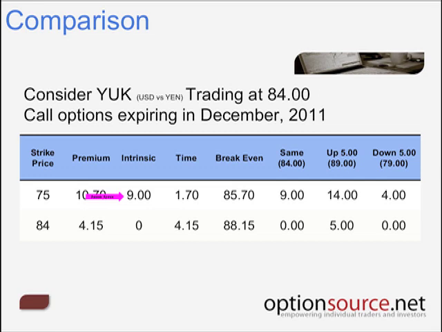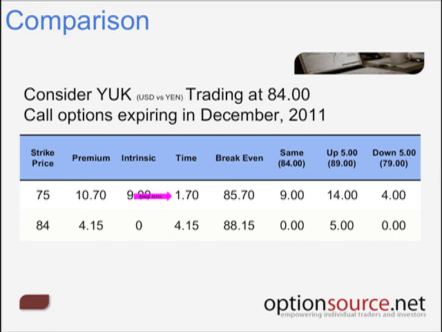So kind of look at that as almost like a down payment on the value of that underlying pair, in the sense that we're putting up a portion of the value of that option contract to participate, versus only buying time, because you can see there's no intrinsic value with that 84 strike option contract.